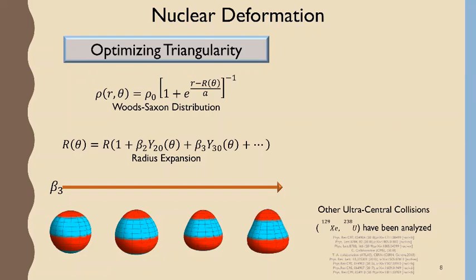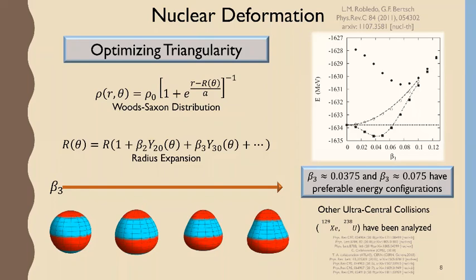This would also affect your V2, but the hope is that it wouldn't affect it as much as it affects your triangularity. The values that we used for this analysis are taken from this other paper, which found that lead 208 has preferable energy configurations with a beta 3 of 0.0375 and 0.075. We also used 0.12 as an upper limit or bound.